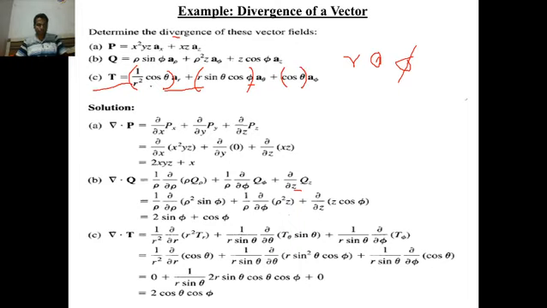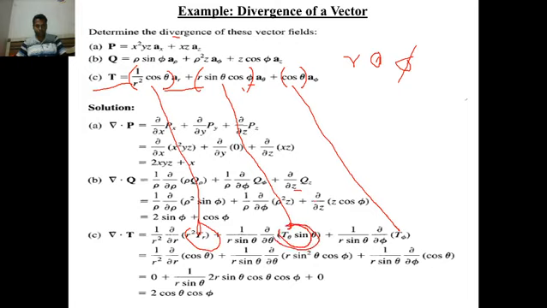So you put the r component here, T_r, this is T_theta you put here, and T_phi you put here, and straight away take the derivative of this whole term with respect to r. You take the derivative of this whole term with respect to theta, and this whole term with respect to phi.